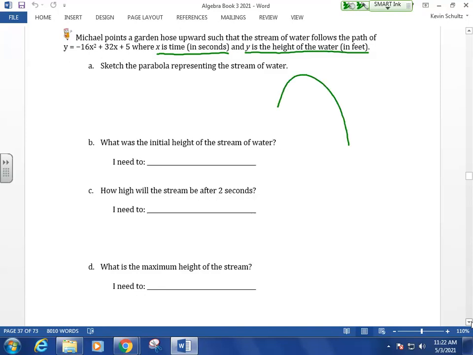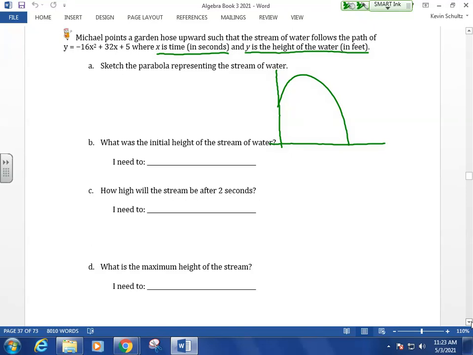Michael's holding it. The water goes up, parabolic shape, comes back down. If we label this the y-axis here and the x-axis here, x being the ground, y being kind of where he's holding it, kind of his hand, it's going to look essentially like that.